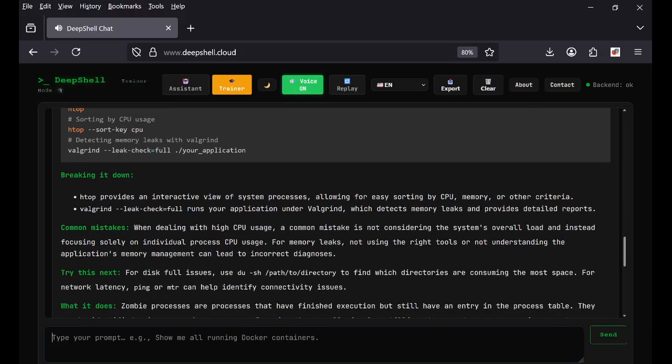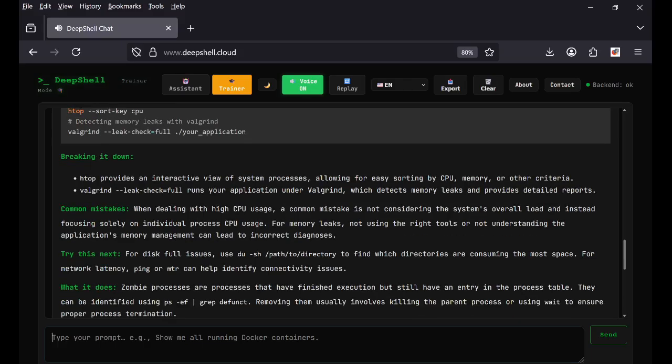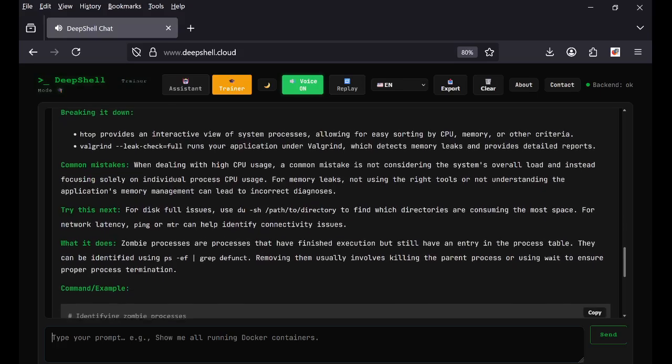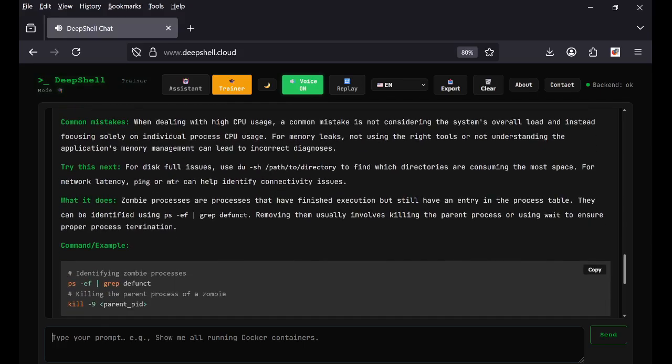Common mistakes. When dealing with high CPU usage, a common mistake is not considering the system's overall load and instead focusing solely on individual process CPU usage. For memory leaks, not using the right tools or not understanding the application's memory management can lead to incorrect diagnoses.